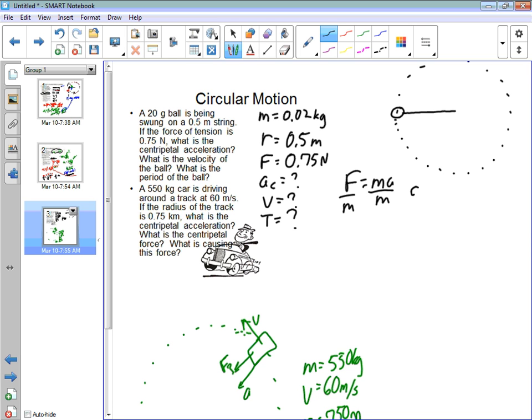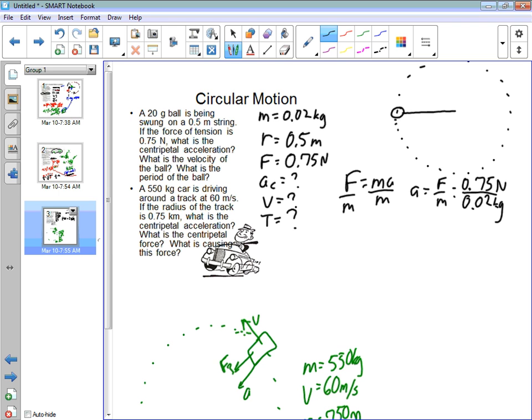I'm going to have acceleration, and that's the centripetal acceleration, is equal to F over m. So that's just going to be 0.75 newtons divided by 0.02 kilograms. It's a small numerator, but even a much smaller denominator, so it's going to be a larger number than you might have expected.